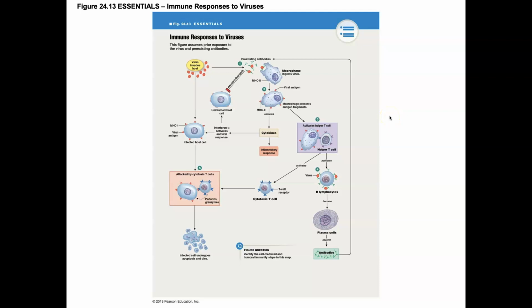Let's talk about how the immune system combats viruses. So when viruses invade the body, they're going to encounter innate defenses and specific defenses, just as bacteria do. The difference with viruses is that viruses oftentimes hide within body cells, so they actually infect host cells.